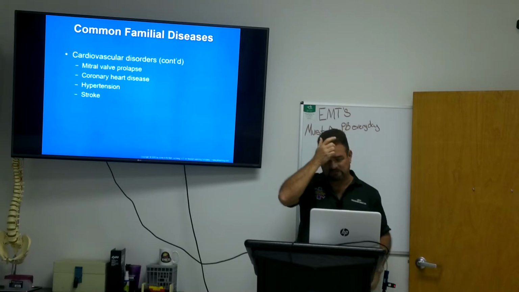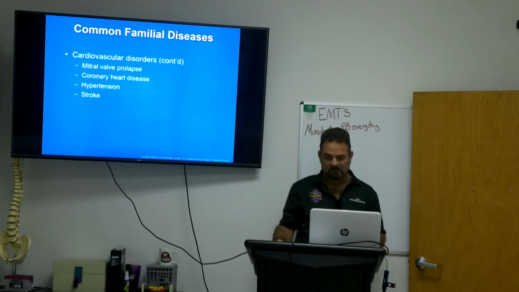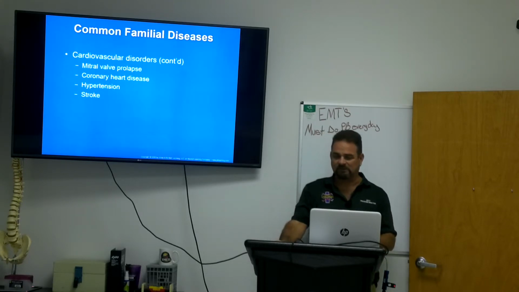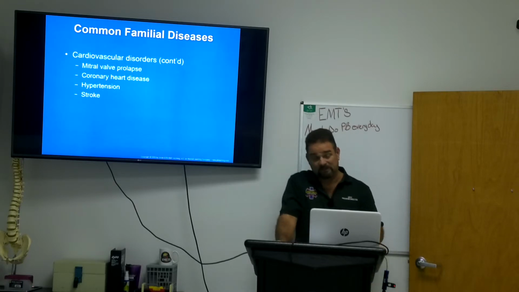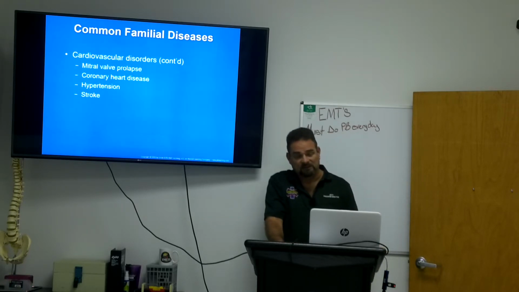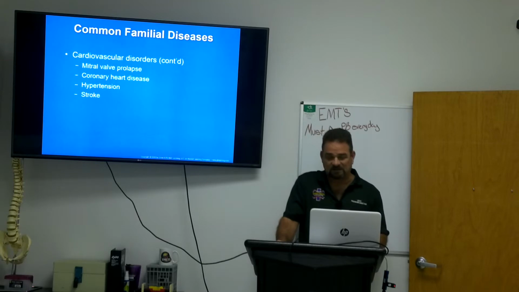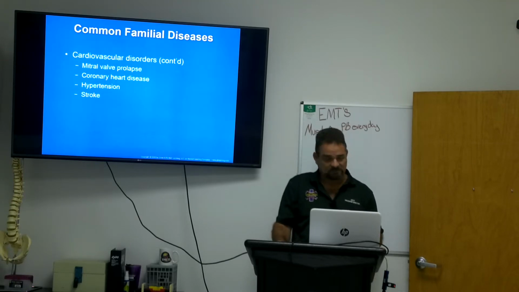Risk factors can be genetic or lifestyle related. They include age, race, obesity, or being plain and simply overweight, a sedentary lifestyle, tobacco use, diet, and stress. Stroke risk factors are also genetic and lifestyle related.